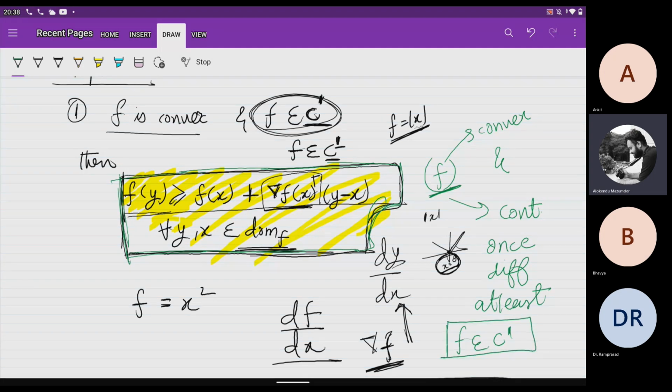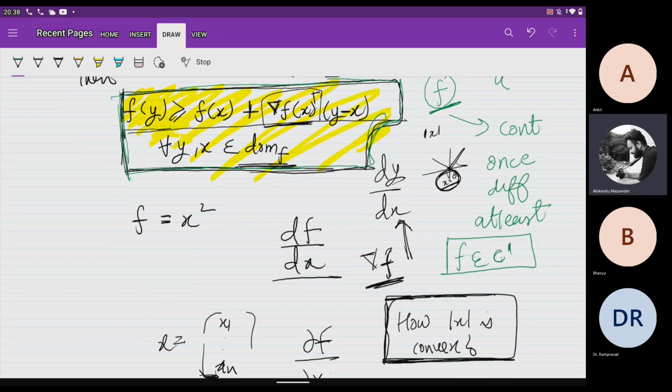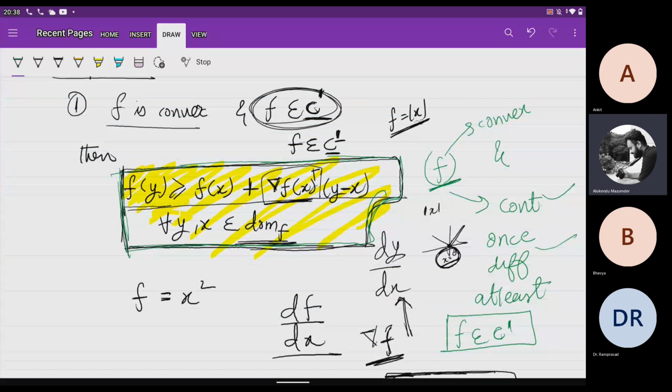C1 is basically the set of all functions which are once differentiable at least and continuous. So if f is convex and it belongs to C1, then it follows this particular property that f of y will be greater than or equal to f of x plus the gradient of f at x times (y minus x), for all x, y belonging to the domain of f.